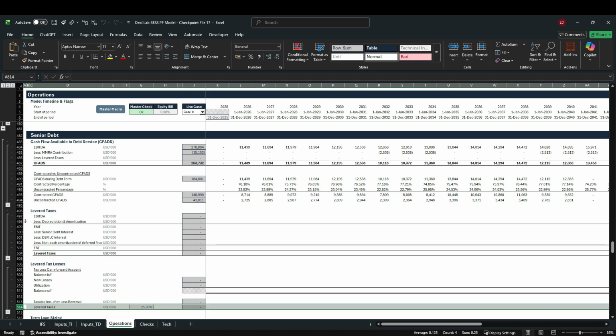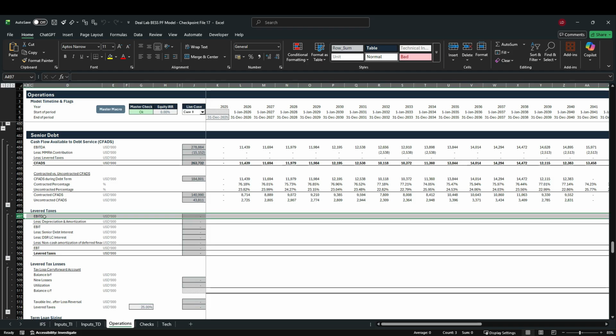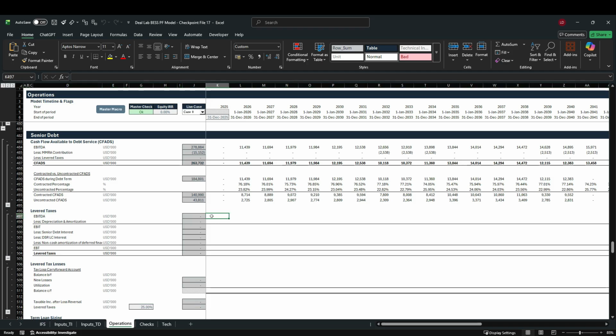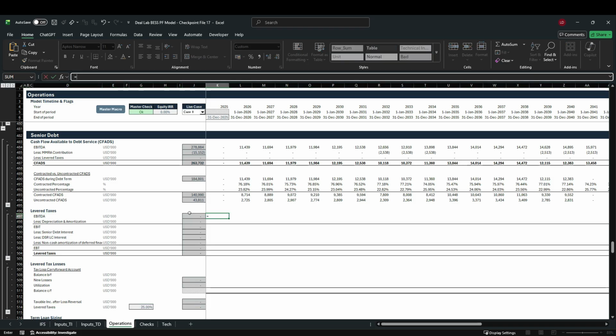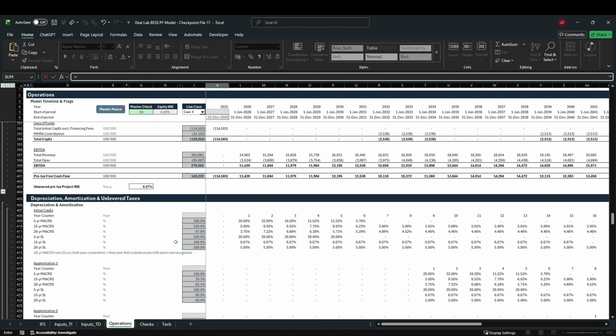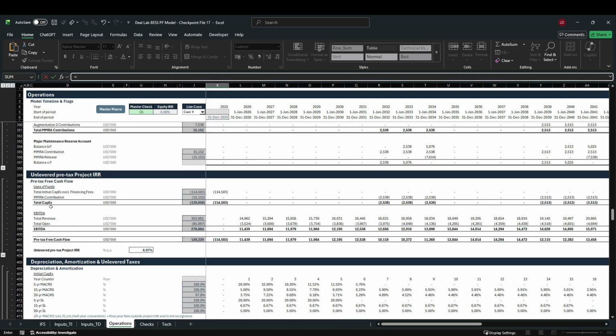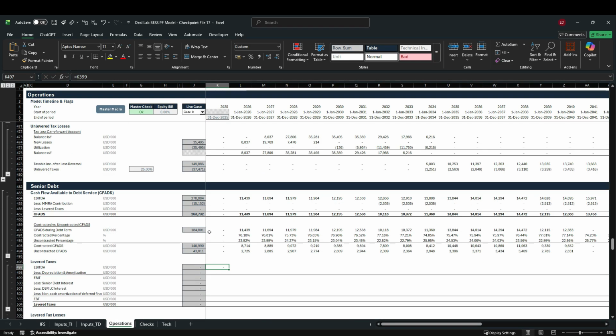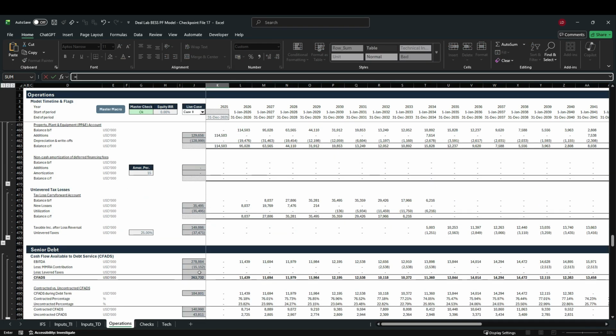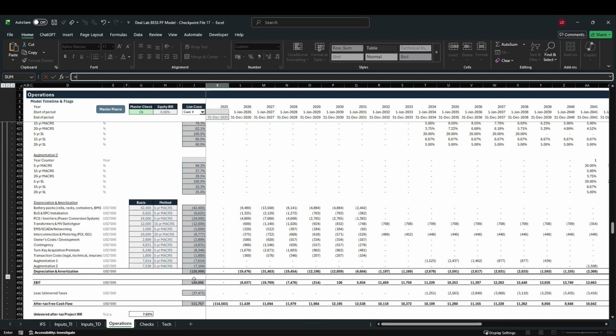Alright, and first thing we will do again is pull in our EBITDA, which is reflected in row 497. So that equals our EBITDA that we calculated in a previous lesson in row 399. So that's a simple linkage. Same goes for our depreciation expense. That is also a simple linkage. Scroll up.